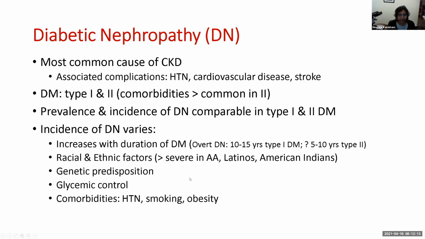It's not the focus of the topic today. There is also familial predisposition for developing diabetic nephropathy. Glycemic control comes up very high as a predisposing factor for developing diabetic nephropathy, that is, poor glycemic control. And of course, the comorbidities also add to the progression of the disease.